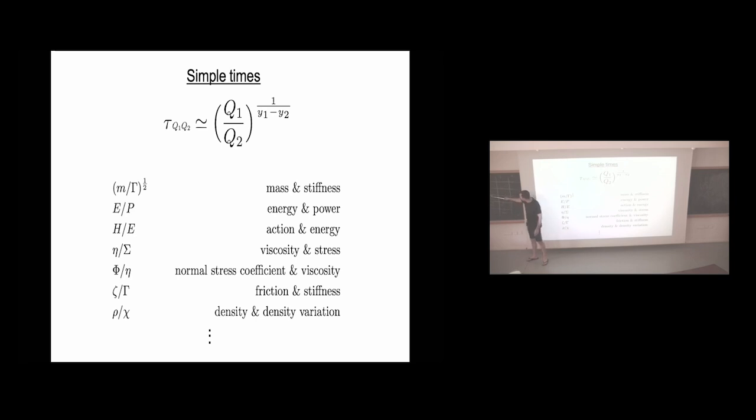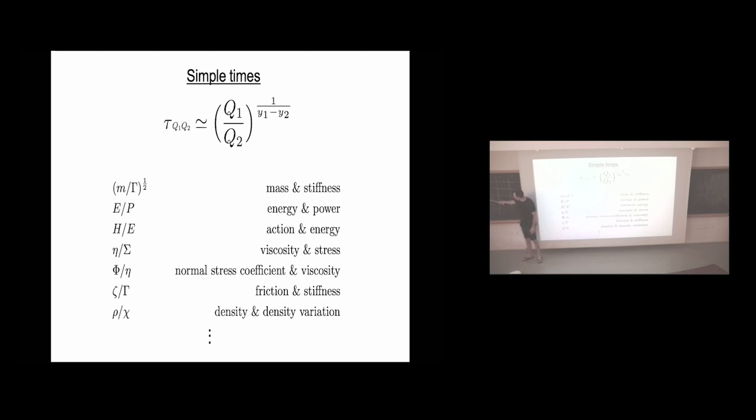But you can also talk about, and Gareth mentioned this, that we often think of viscosity just as a material parameter, but right from the start, even in the simplest cases, you also have normal stress coefficients. So you can also construct timescales from the ratio between viscosity and normal stress coefficients.